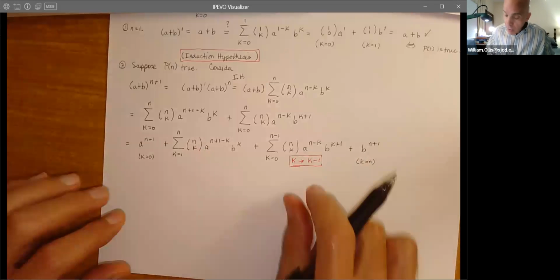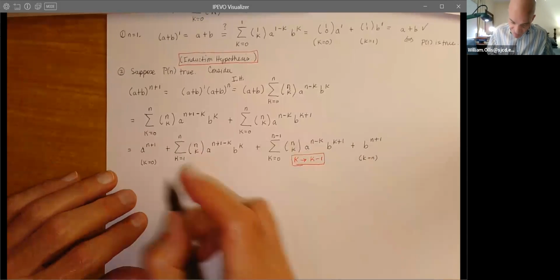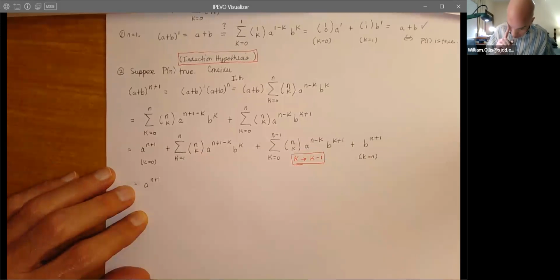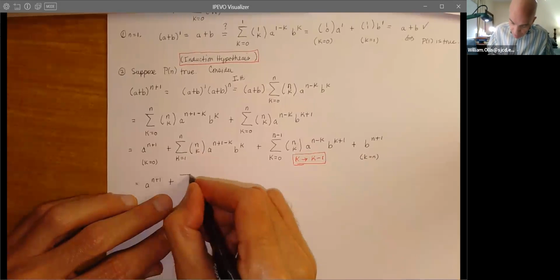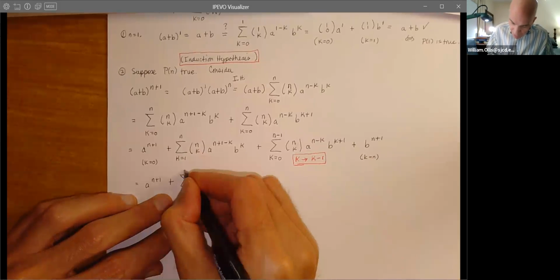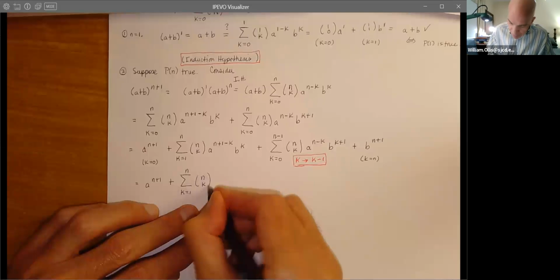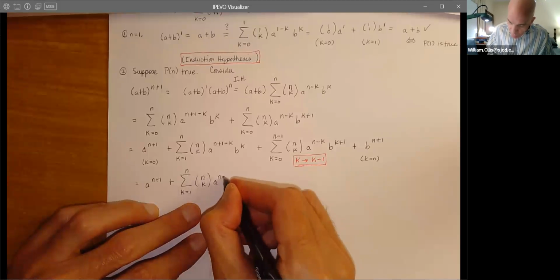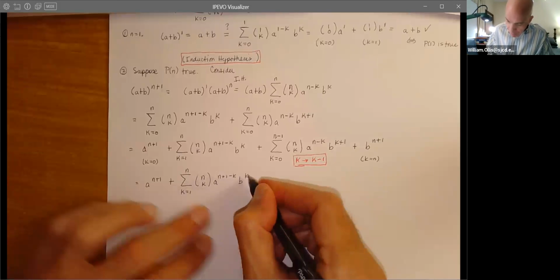So that's the uncommon sense. And we've done this before, especially with the geometric. So now we get a to the n plus 1. And now we have plus the sum. I'll go ahead and do this in 2 steps, be a little bit easier to see. N choose K, a to the n plus 1 minus K, b to the K.